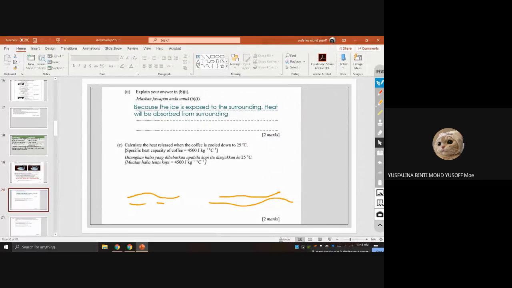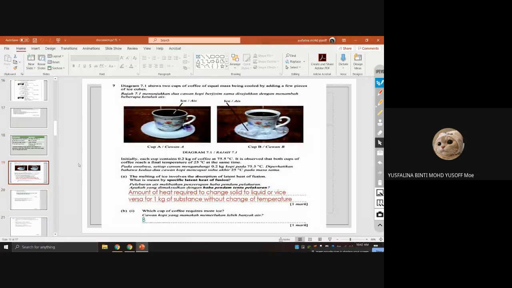For C, calculate the heat released when the coffee is cooled down to 25 degrees Celsius. What information did they already give you? They give you the mass, 0.2, the initial temperature is 75.5, and the final temperature is 25 degrees Celsius.